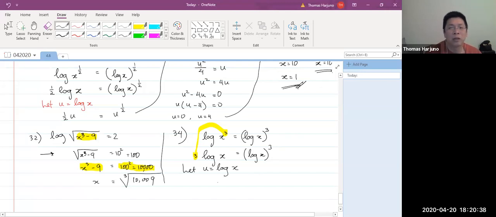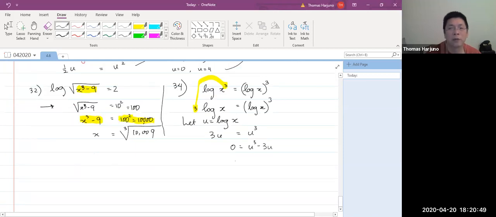So we get 3u equals u cubed. And from here, we solve by factoring. I factor out u, and then I have u squared minus 3. So either u equals 0 or u squared minus 3 equals 0. This one, u squared equals 3. So u equals plus or minus radical 3, which you're supposed to split later on.